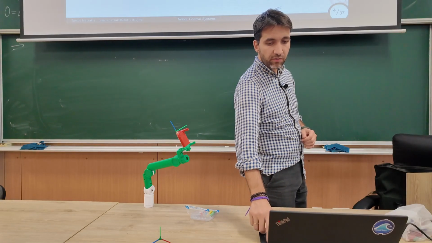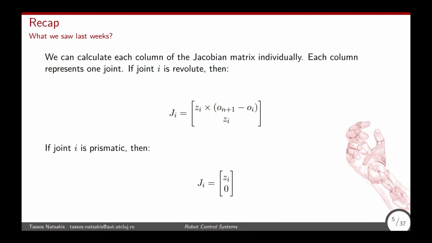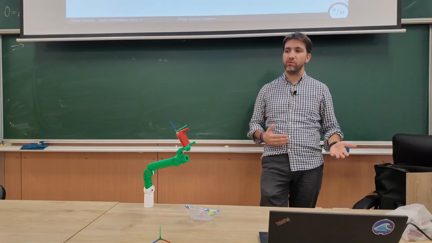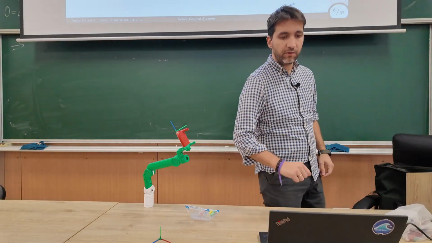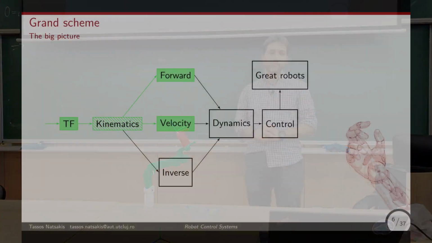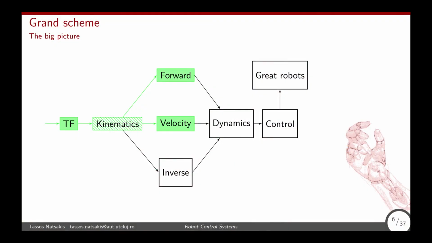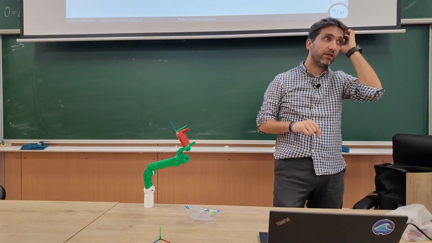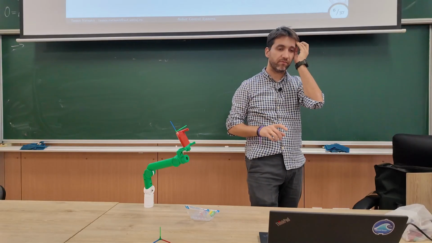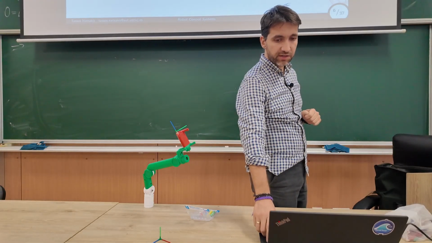We used this information last week to construct the Jacobian, which gives us the relationship between joint velocities and end effector velocities. So we are not yet halfway, but close there. We talked about the kinematics part, and today we'll move on to the last part of the kinematics, and next week we'll complete it when talking about trajectories.